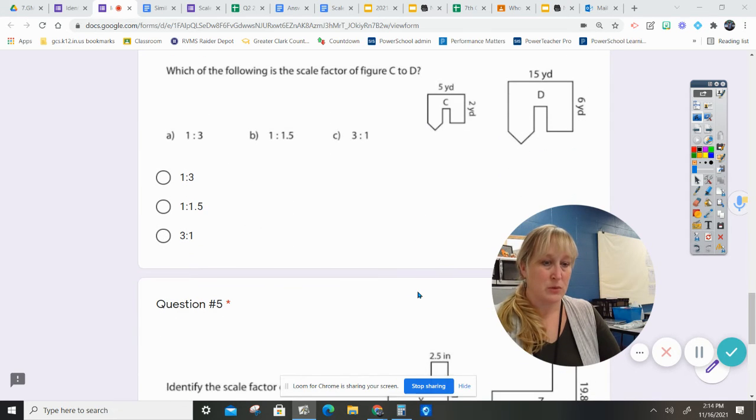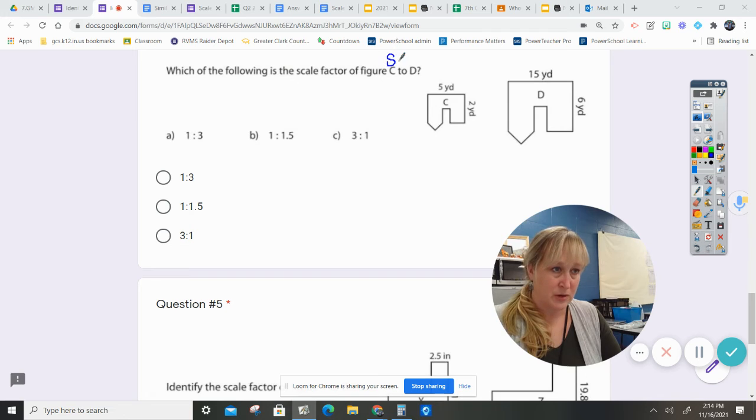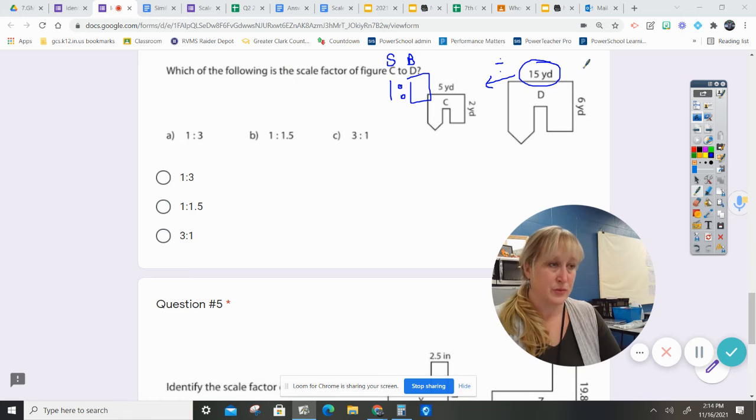Question number 4. Which is the following scale factor of C to D? C is the smaller shape. D is the bigger shape. So that means that the 1 is going to come first. But to solve it, I do 15 divided by 5, and I get 3.